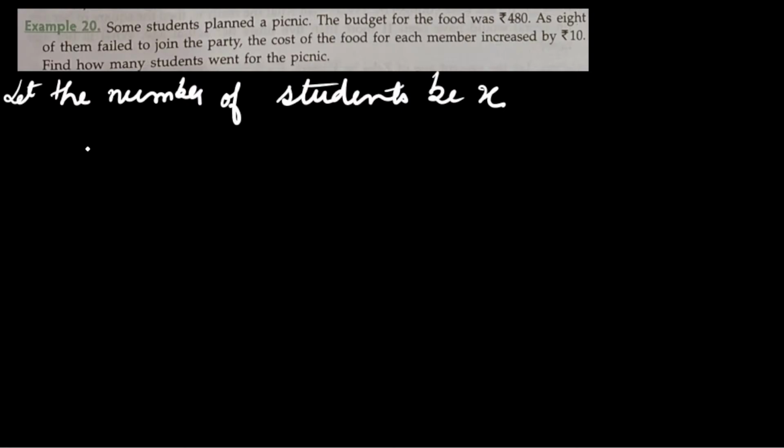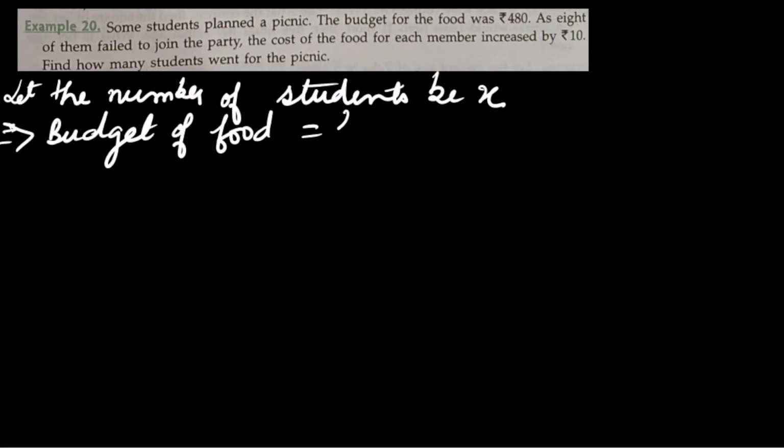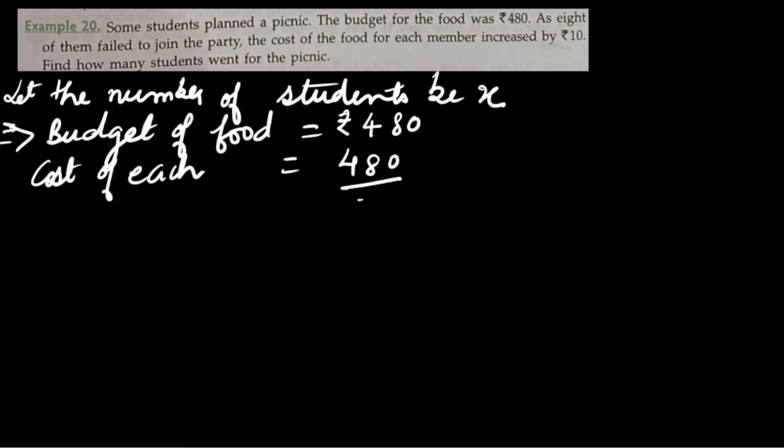Budget of food means nothing but the cost of food. So the total cost is 480. If I have to find the cost for each student, I can find the cost of each by dividing 480 by x.